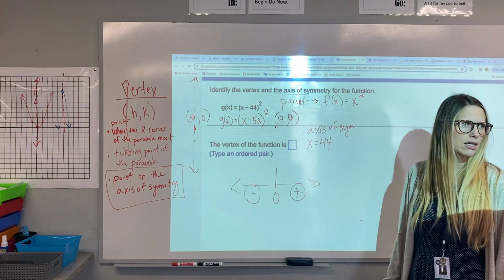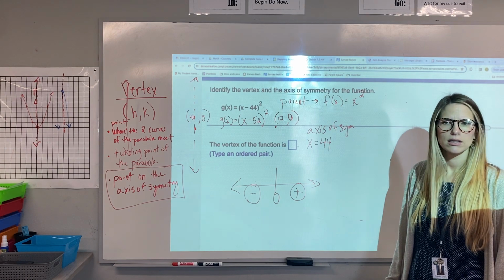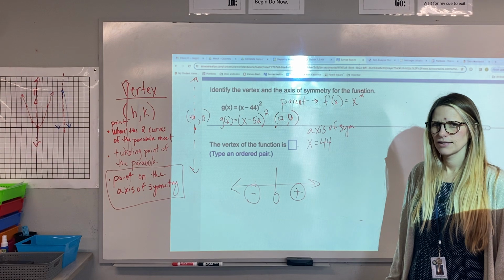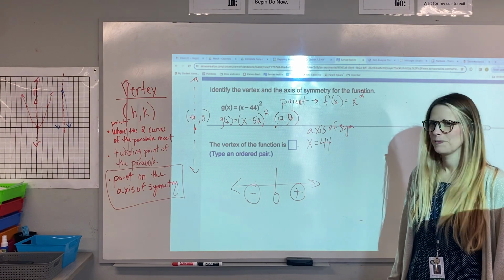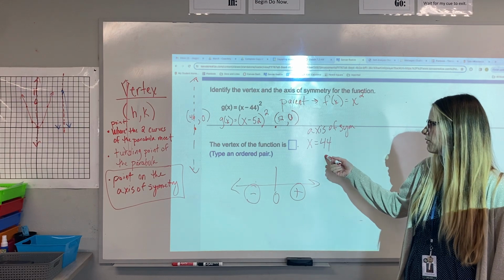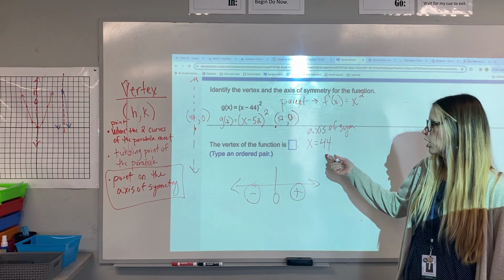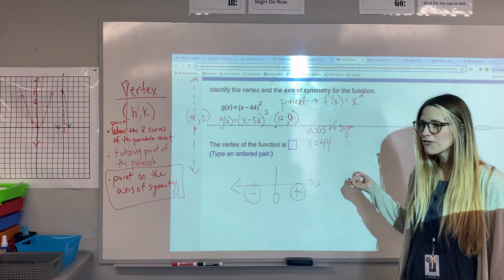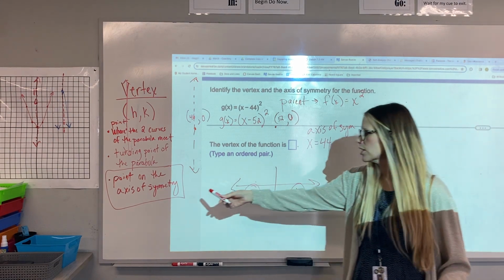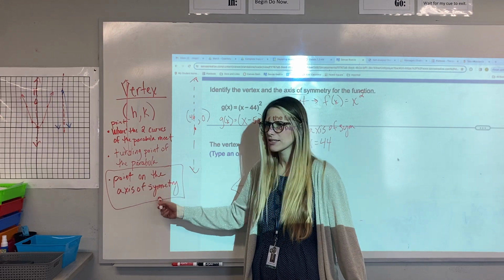44 is the point on the line, because it's directly on the line. You guys, x equals 44 is the axis of symmetry because that's where the vertex is. The vertex is the point on the axis of symmetry.